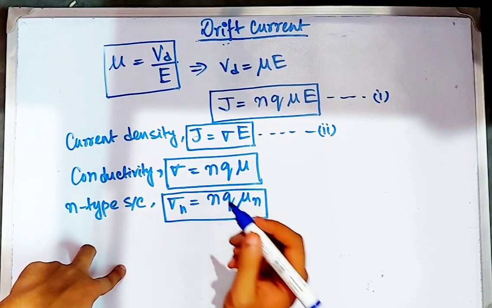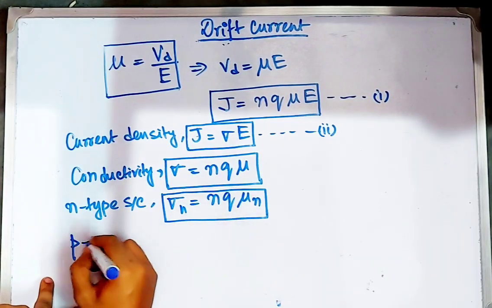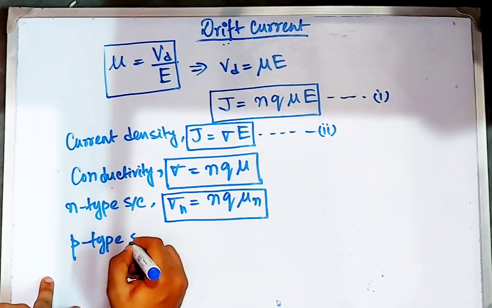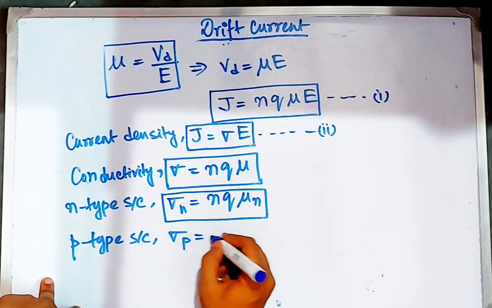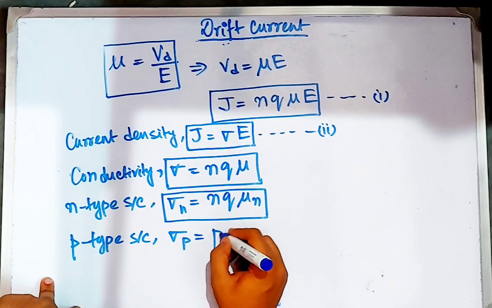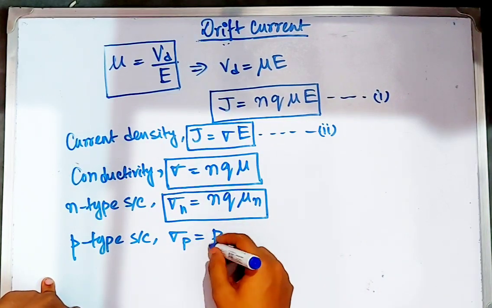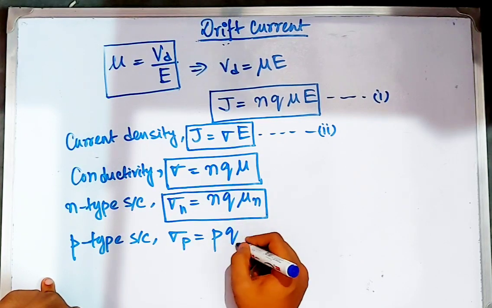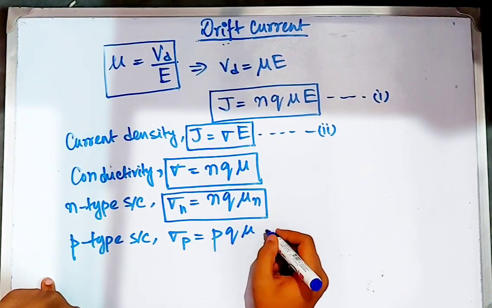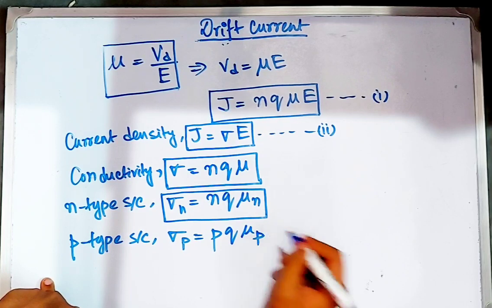If we talk about P-type semiconductor, then the conductivity of P-type semiconductor is equal to p, that indicates the density of holes within the semiconductor, electronic charge, and the mobility of holes.